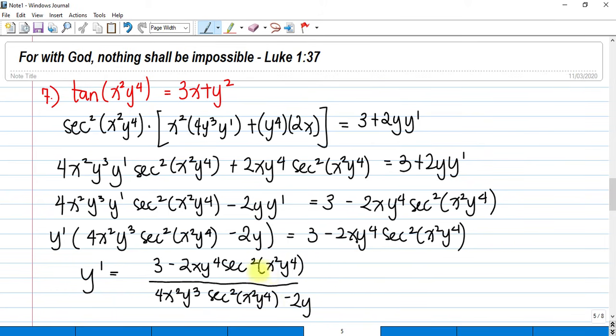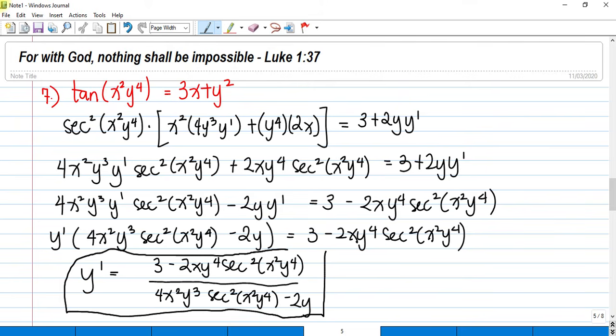Now, you cannot cancel secant squared because we have a minus sign in both the numerator and the denominator. So this would be our final answer for this problem.